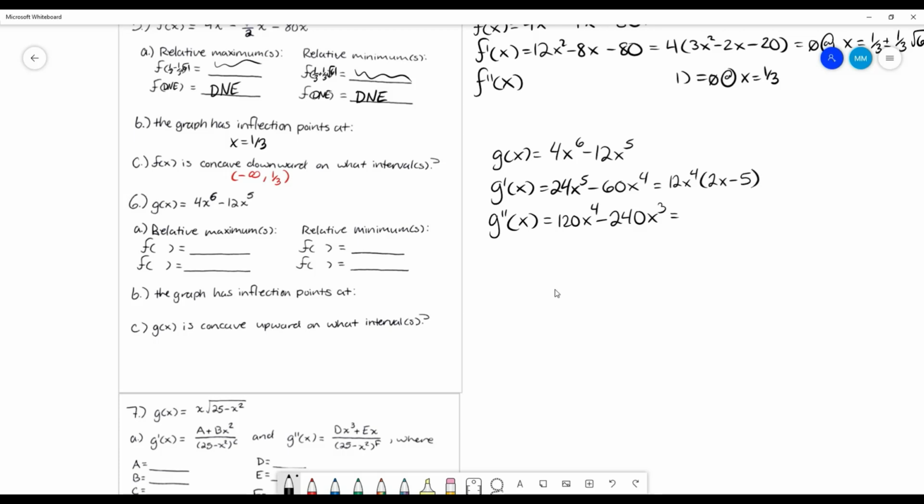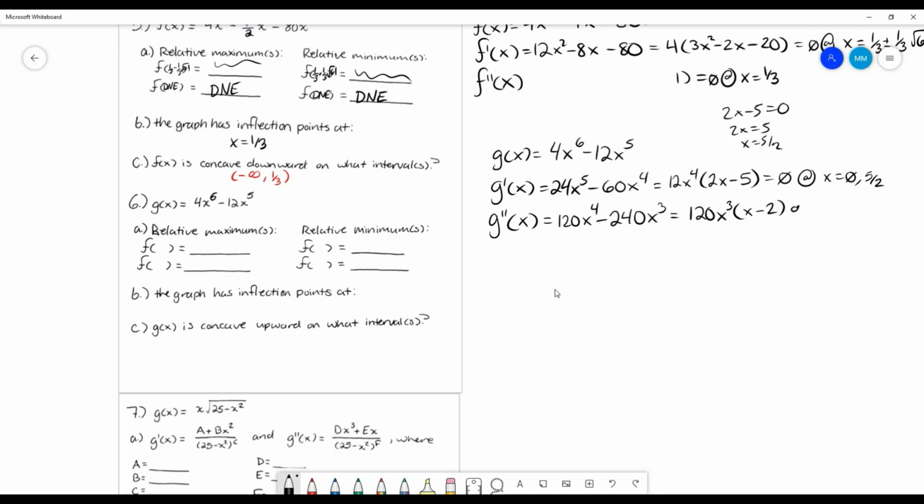And this is, factor that out, nice and easy. Get x minus 2. Okay, so our first derivative equals 0 at x equals 0, and x equals 5/2, right? Because 2x minus 5 equals 0, 2x equals 5, x equals 5/2.